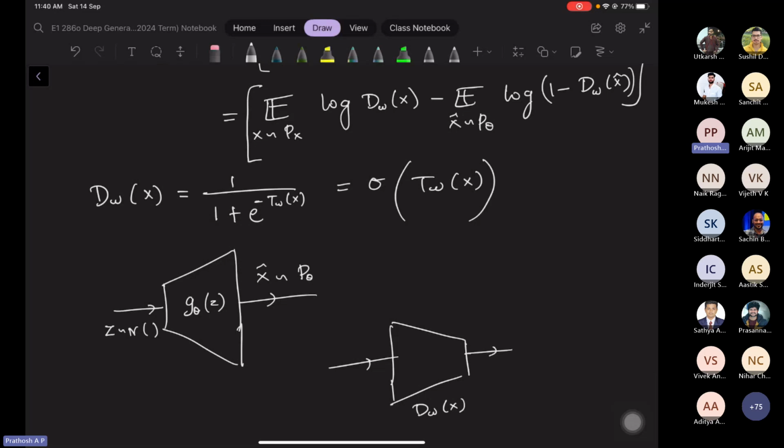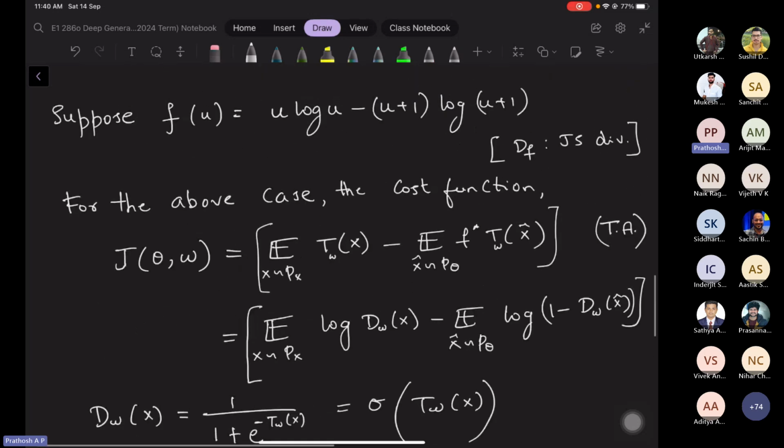This network is simply what we were writing as the T network, plus a small sigmoid on top of it. This entire thing is D, and this was T. Because it is a sigmoid, you get a number between 0 and 1. This is only for the case where your f divergence has this particular form.